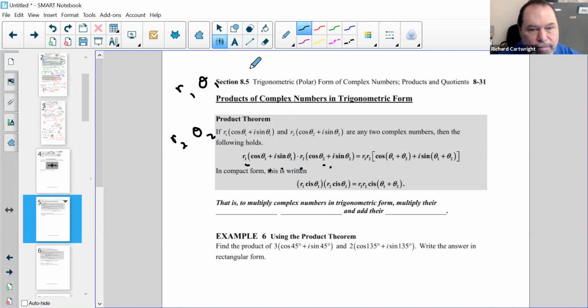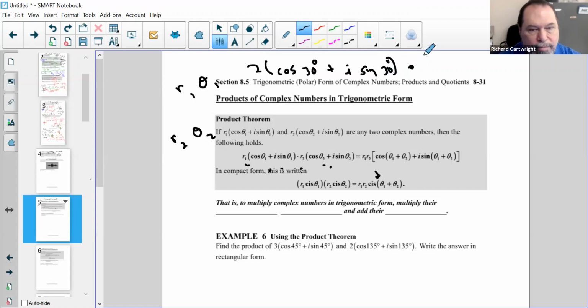The problem could look like this. Well, do I want to put it in cis form? I don't think the formula is in cis form. Well, yeah, it's right down here. But anyway, 2 cosine, make it really easy, 30 degrees, plus i sine of 30 degrees.